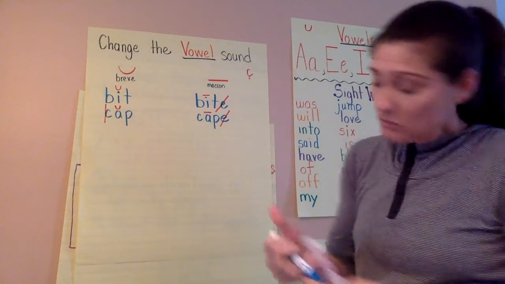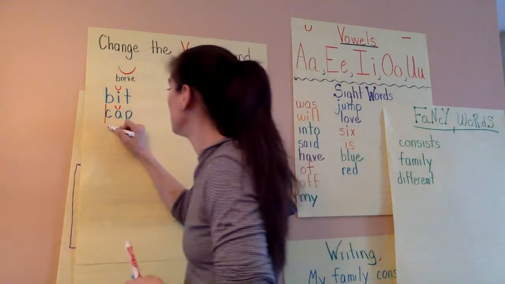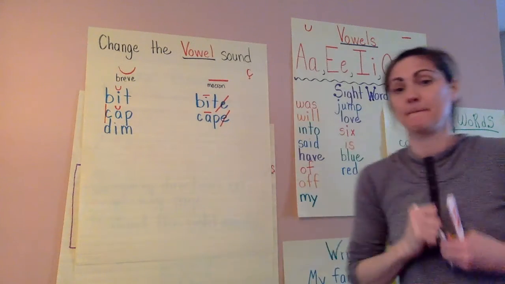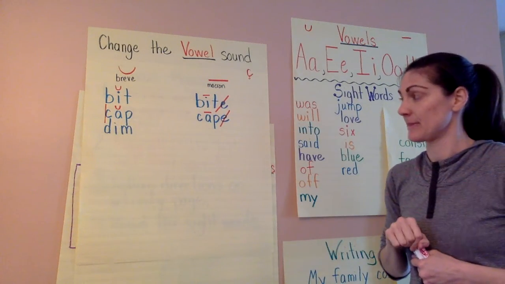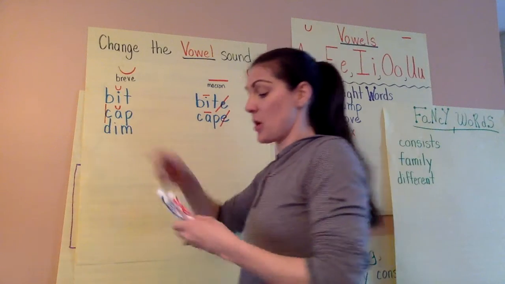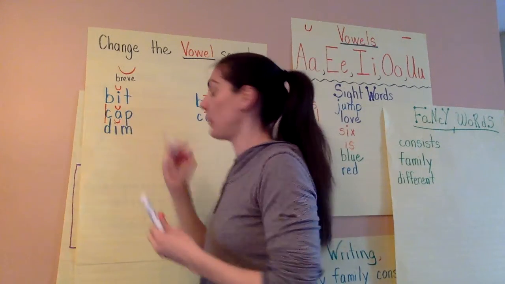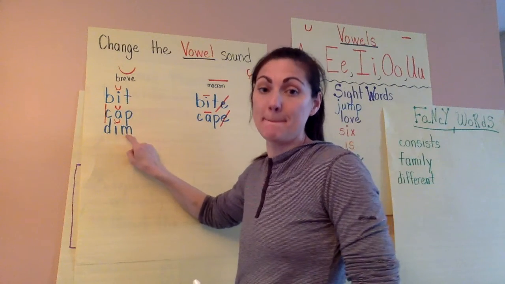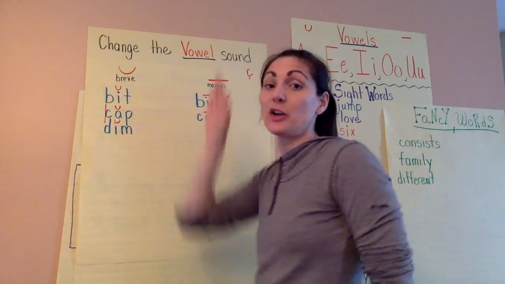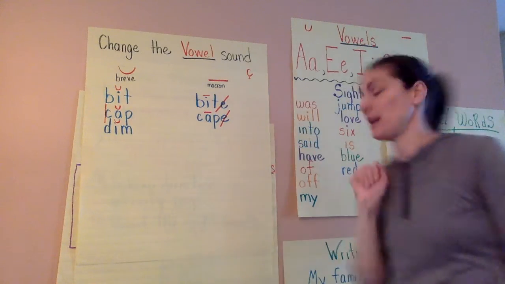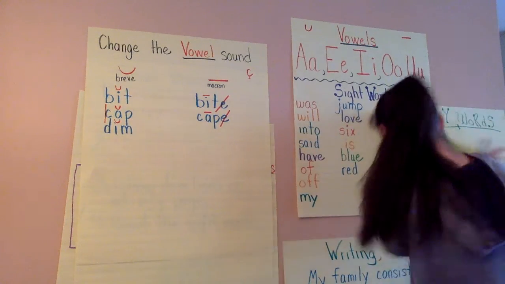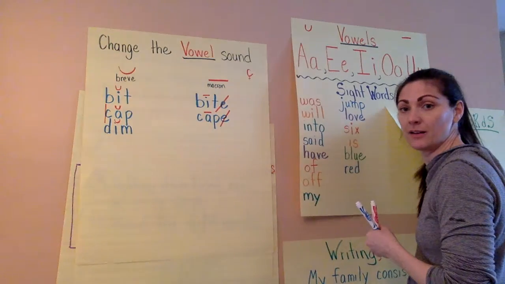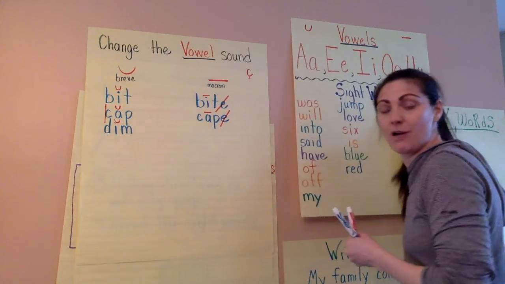One more. Okay, so sound this word out at home. So if I code it, I'm going to put a breve, and I would sound this out as d, i, m, dim. So I could dim the lights, right? So there's my lights dimming on and back, off and back on.